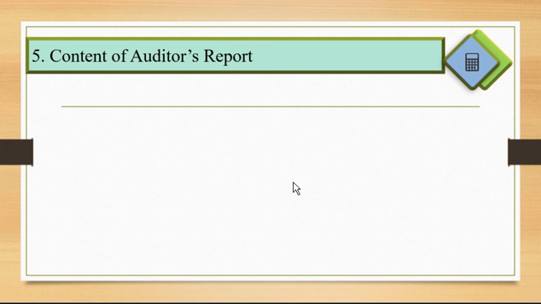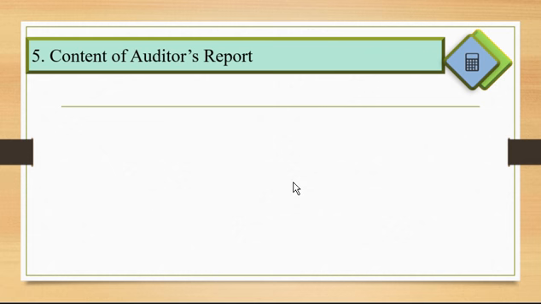Next is subsection 4. The auditor's report shall also state whether he has obtained all the information and explanation which, to the best of his knowledge and belief, were necessary for the purpose of his audit.